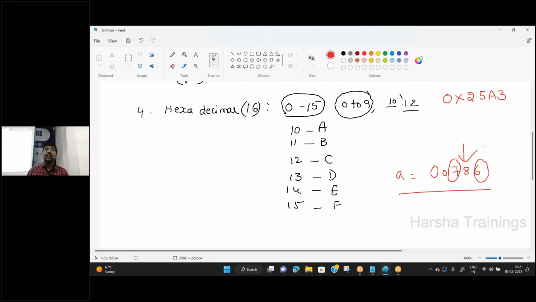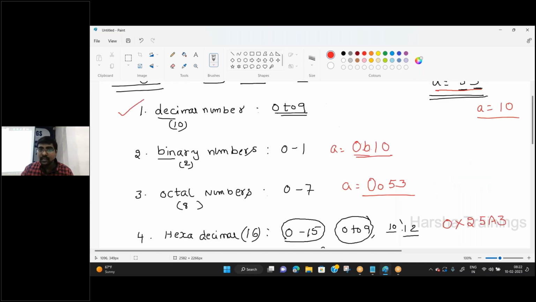But what about 8? Is 8 in the range of 0 to 7? No. Even though it is prefixed with 0o, each digit must be in the range of 0 to 7. So the answer is no. Now everyone got the idea? Clear?